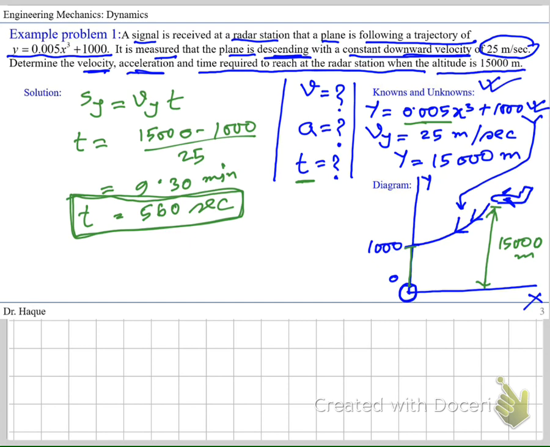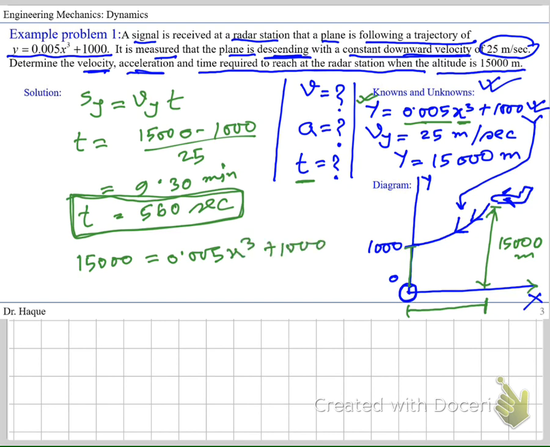Now we can also see how far the plane is at the current position in the x direction, the horizontal direction, and we can find it by using the path given. So if we put y equals 15,000, we can find x. For example, 15,000 equals 0.005 x cubed plus 1,000.